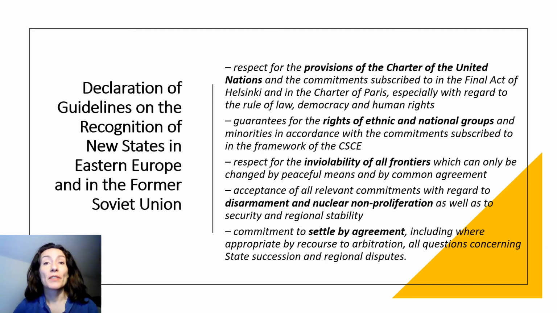Recognition became conditional on respect for democracy and human rights, respect for the rights of minorities, the reaffirmation of the principle of inviolability of all borders, understood as uti possidetis juris, unless agreed otherwise, and a commitment to disarmament and to the peaceful settlement of disputes.